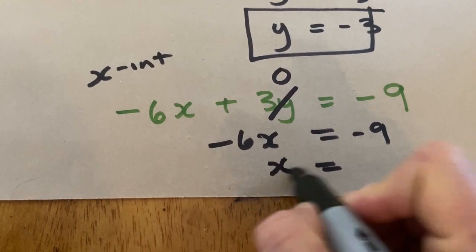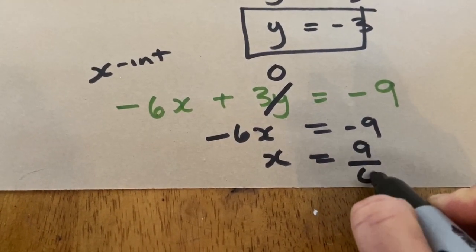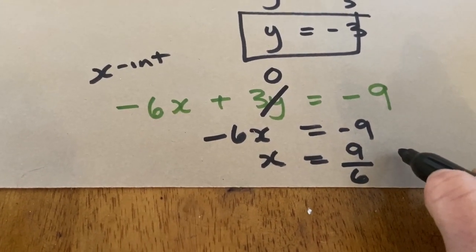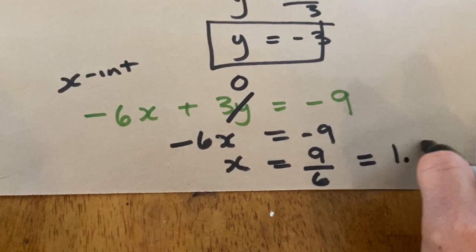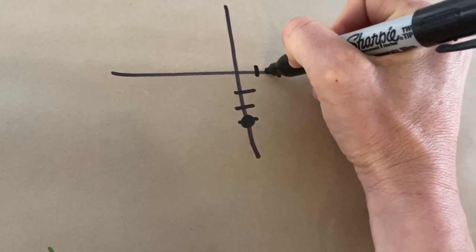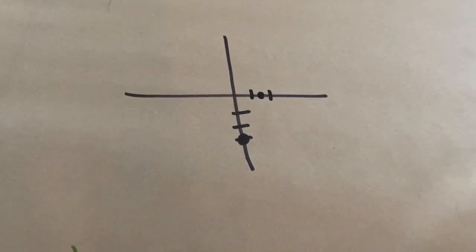So that means that x is equal to 9 over 6. Those two negatives would cancel each other out. And 9 over 6 is just 1.5. So my x-intercept is right here at 1.5, and I would make a line through that to graph it.